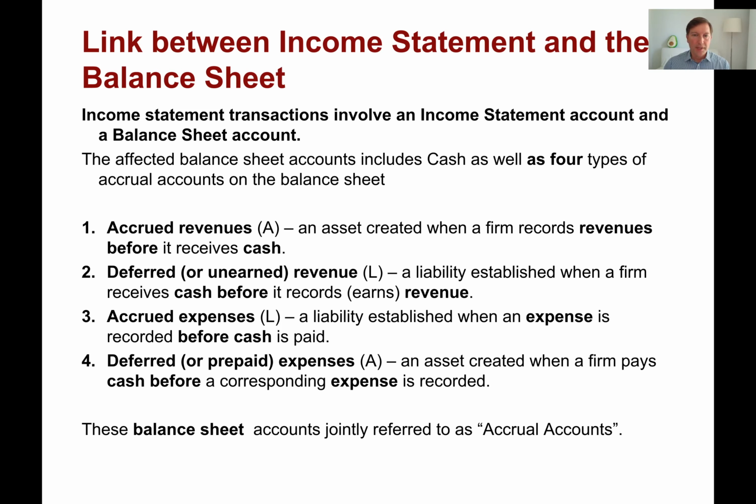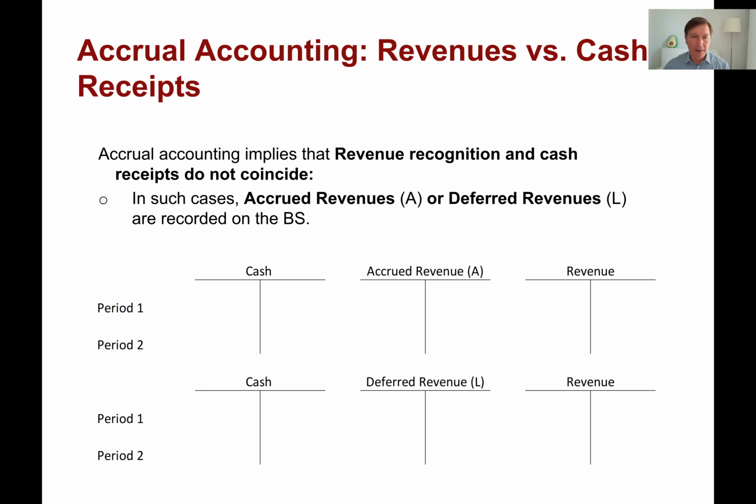The word accrued means that we haven't yet received cash, but we have accrued the expense or revenue already, and that passed through the income statement. Deferred means that we have received or paid cash, but the item hasn't yet been reflected in the income statement, right? So this will become more intuitive when we see how this works. So let's see how these accounts work to understand what they do.